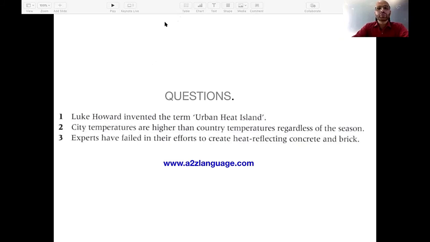So if you focus on this, experts have failed in their efforts, understood? To create heat reflecting concrete and bricks. So we have to verify that did experts fail in their efforts, all are keywords, in creating heat reflecting concrete and bricks.